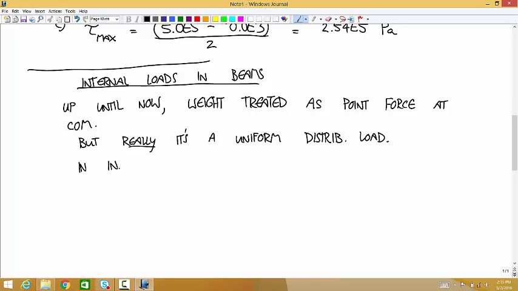And in internal load calculations, if you treat it as a point force, you get wrong answers.